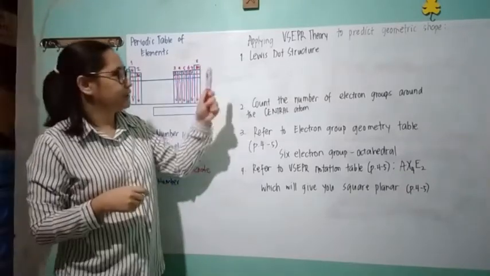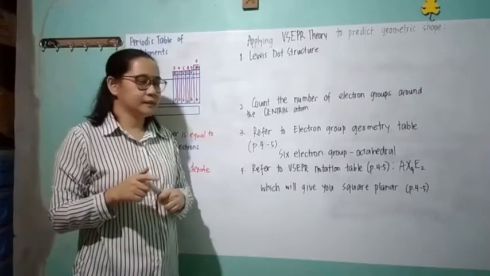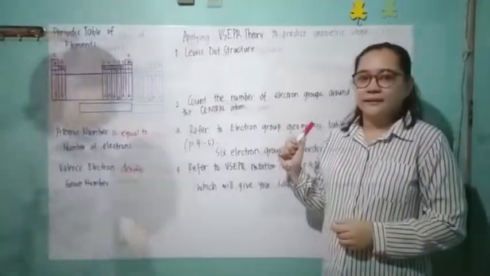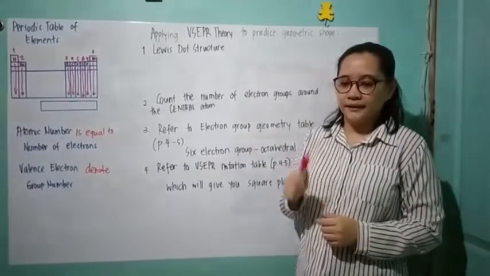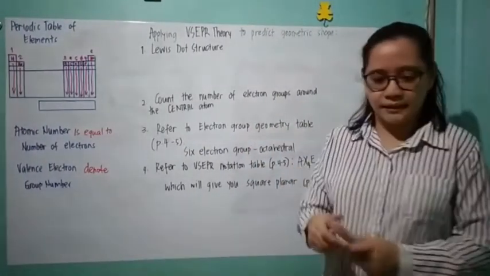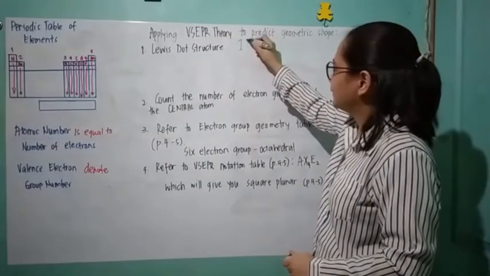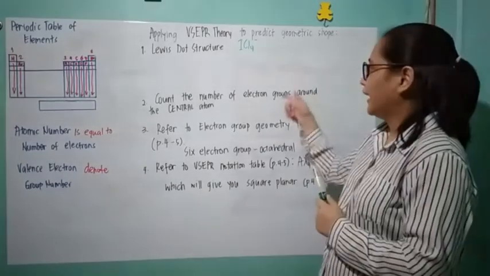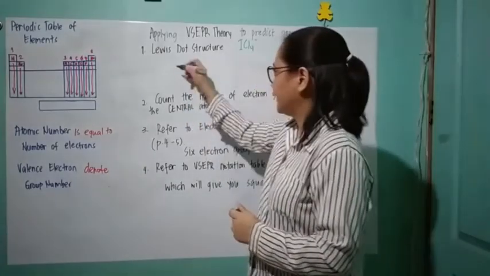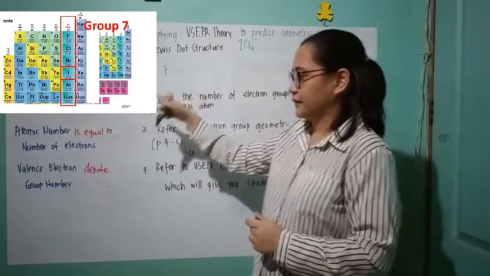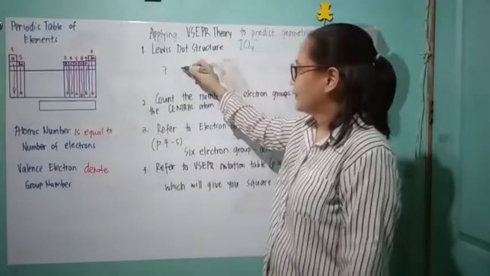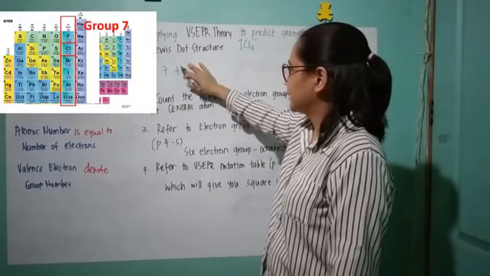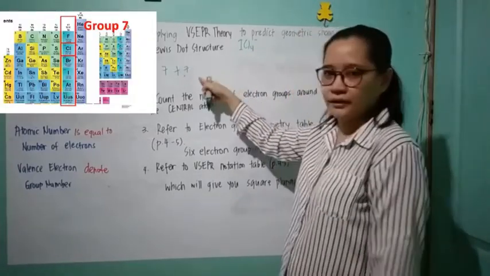Now, applying the VSEPR theory, the first step is to do the Lewis dot structure. Let's take the example given, which is ICl4 negative. Iodine has 7 electrons, which can be seen in your periodic table, plus chlorine also has 7 electrons.